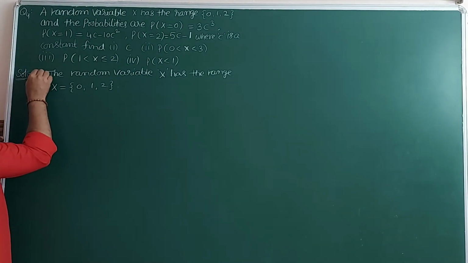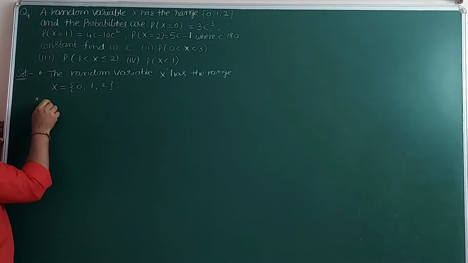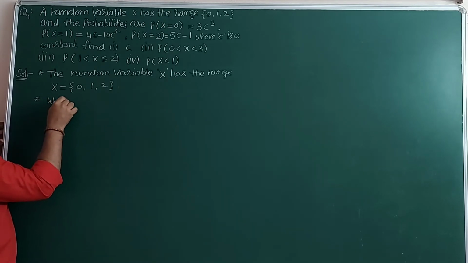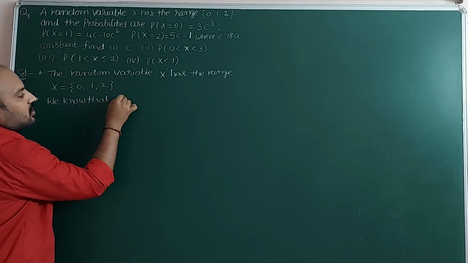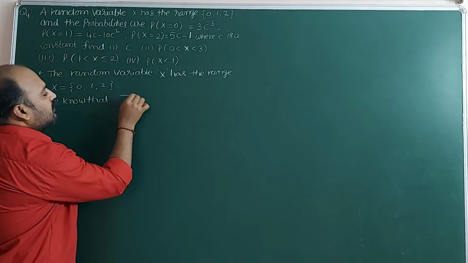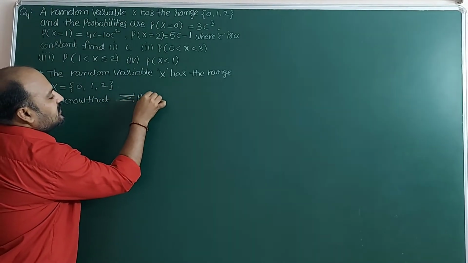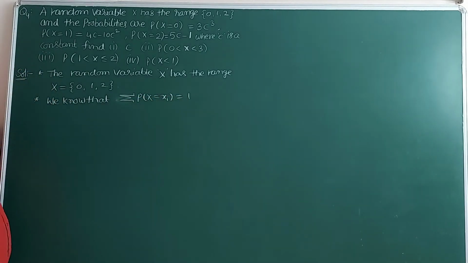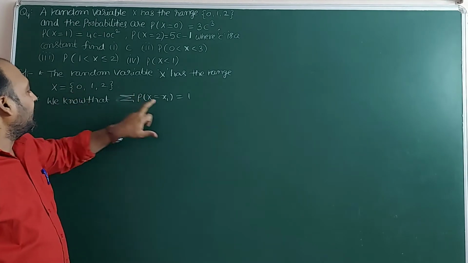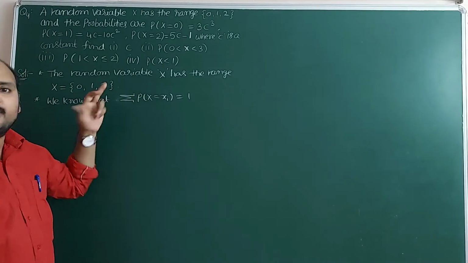We know that the sum of these probabilities, summation I am writing, P of x is equal to xi is equal to 1. So xi value is 0, xi value is 1, xi value is 2.